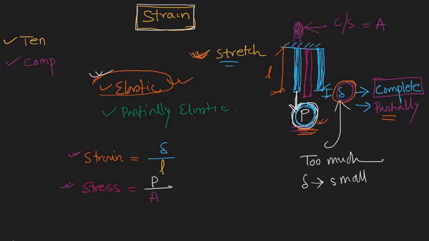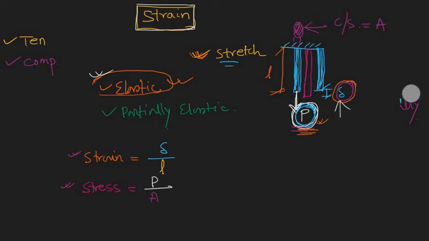Now how to correlate them? As an engineer it is our duty to calculate how much any bar will deflect under the application of an external load. What is the value of this delta? If you are asked what delta is due to this external load P, you can say from different experiments that this delta is proportional to the length. The more the length of the bar, the more this delta.